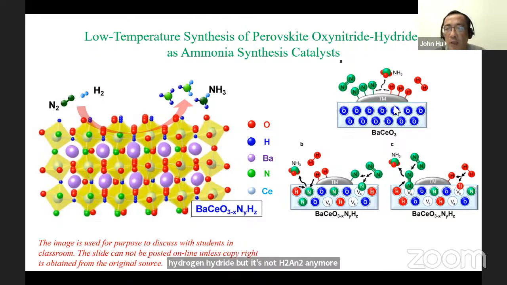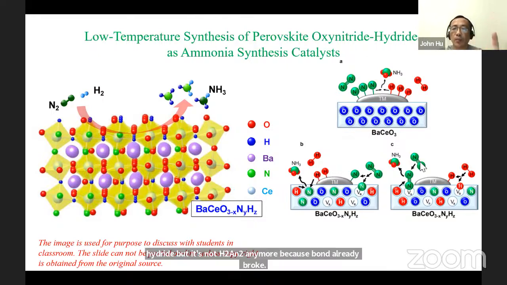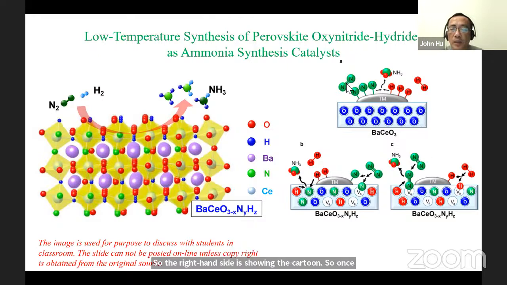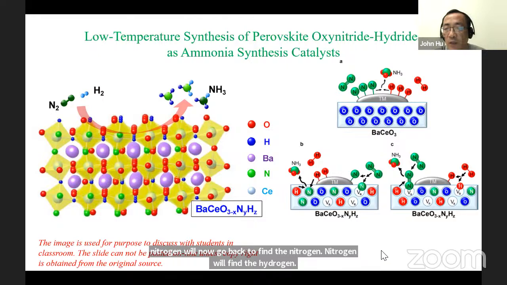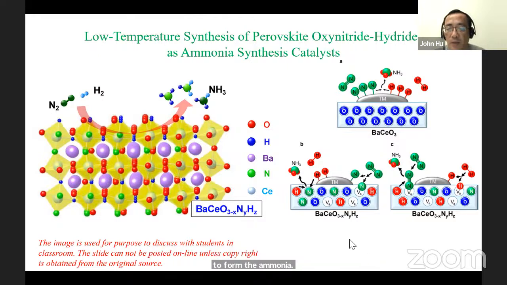So on the right-hand side, it shows you the cartoon. Once they broke the bond, then they try to have them react on the surface. When they react on the surface, when they recombine, the nitrogen will now go find the hydrogen to form the ammonia. So this is really a very complex mechanism. I hope you understand the chemistry in here.